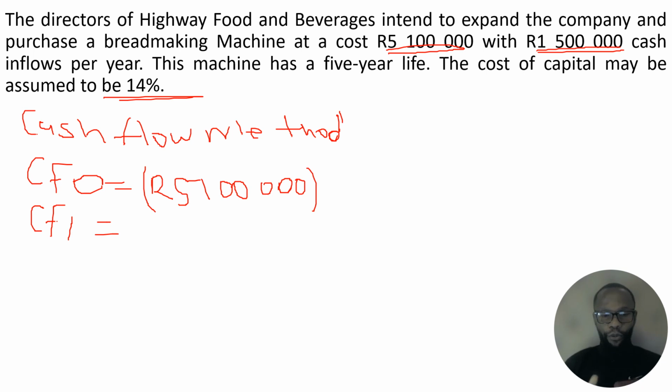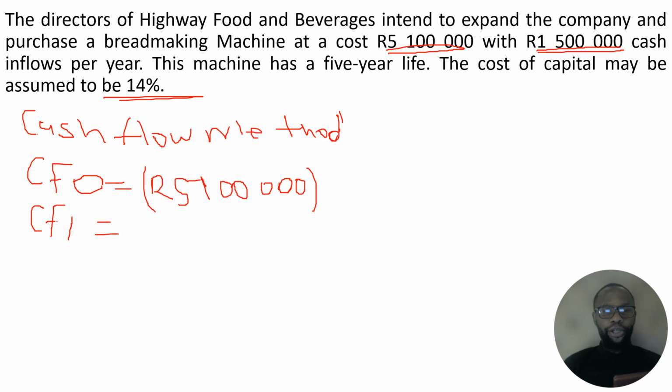For cash flow 1, there are two ways you can do it. You can have cash flow 2, cash flow 3, cash flow 4, and cash flow 5, and put 1,500,000, 1,500,000, 1,500,000. But to cut the thing short, because on paper time is money, you need to utilize the time as you can.